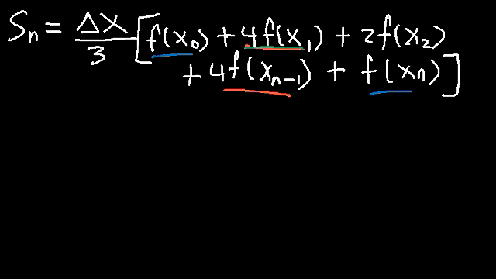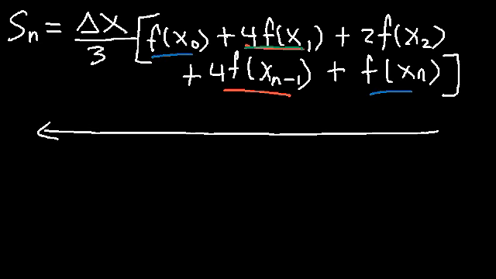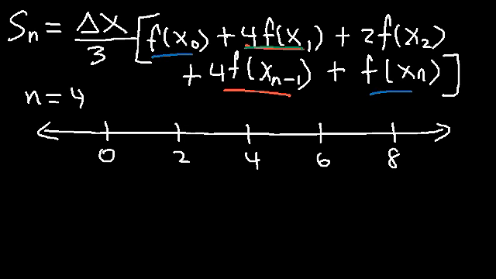So now, let's draw the number line. Like the trapezoidal rule, in Simpson's rule, you're going to use all 5 points, given that n is 4. So if n is 8, you're going to use all 9 points. You won't have to choose any other point other than what you see here.